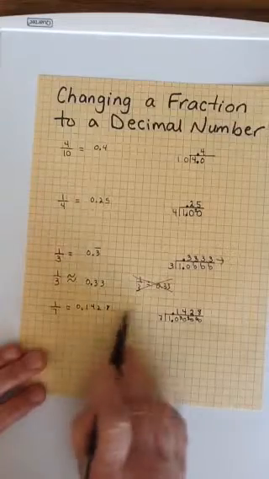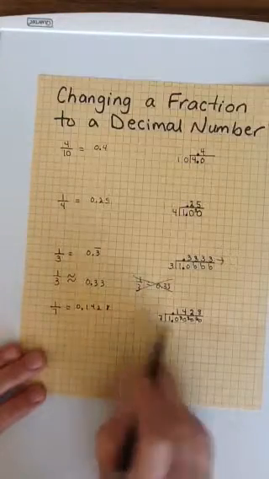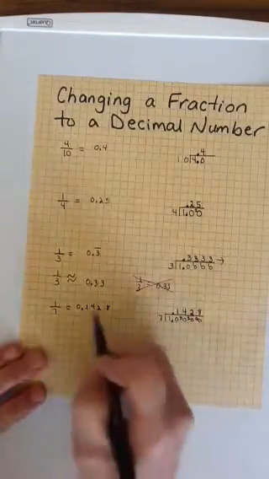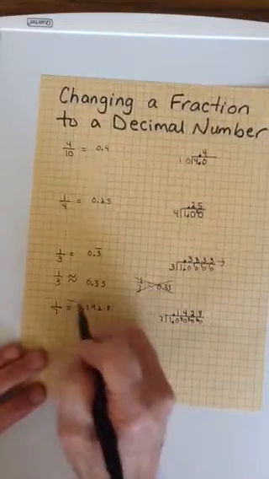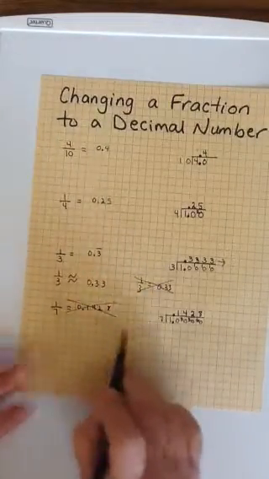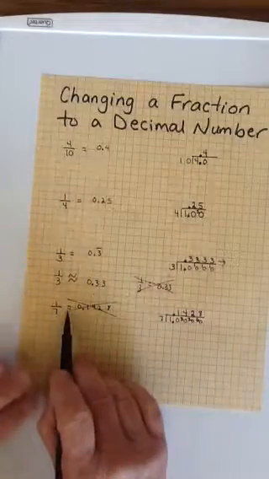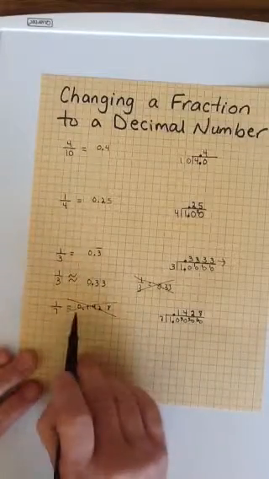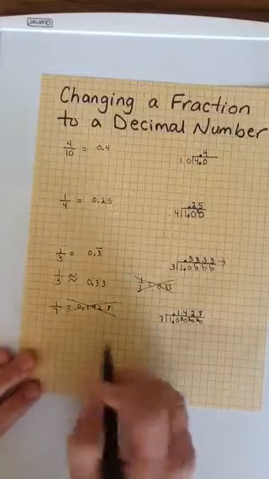There are more digits that would come after the 8 that I haven't even figured out yet. So this is not a true statement. I can't just stop dividing, use my equal sign, and say that these two things are equal to each other.